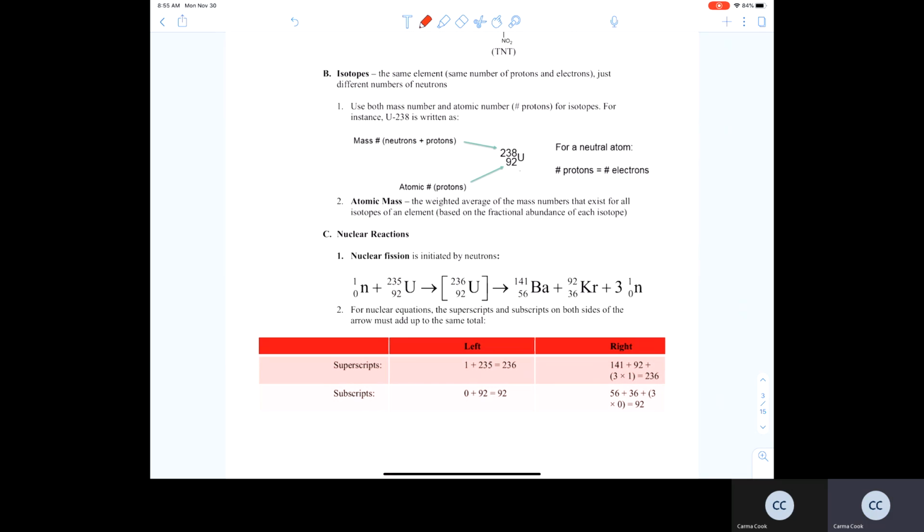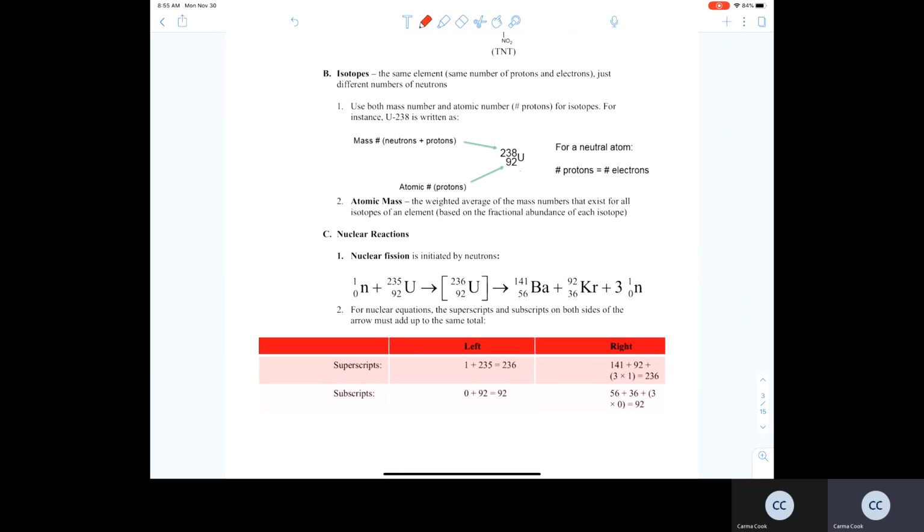We remember from our previous chapter, I think chapter either 1 or 2, that isotopes are basically the same element. So they have the same number of protons and electrons if we're talking about neutral elements. But what's different about different isotopes of the same element is that they have different numbers of neutrons. So we recall discussing carbon-12 versus carbon-13 versus carbon-14.